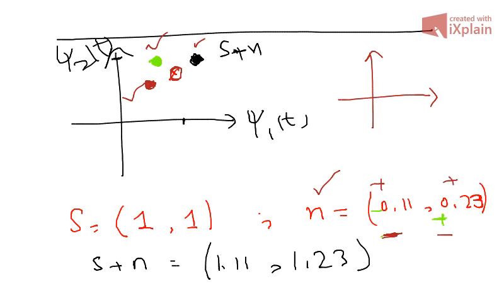We can find the noise vector, which is 0.11 somewhere here and 0.23 somewhere here. So our noise symbol is here. This is our noise symbol, and the position vector of noise is this one. This adds up to our signal vector, which is this one. When this adds up to our signal vector, you get another resultant vector, which can be represented by the position vector of these noisy points.